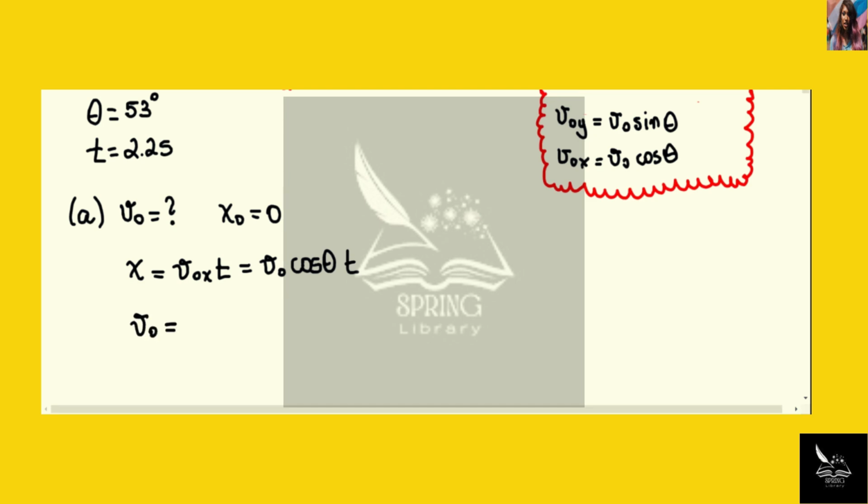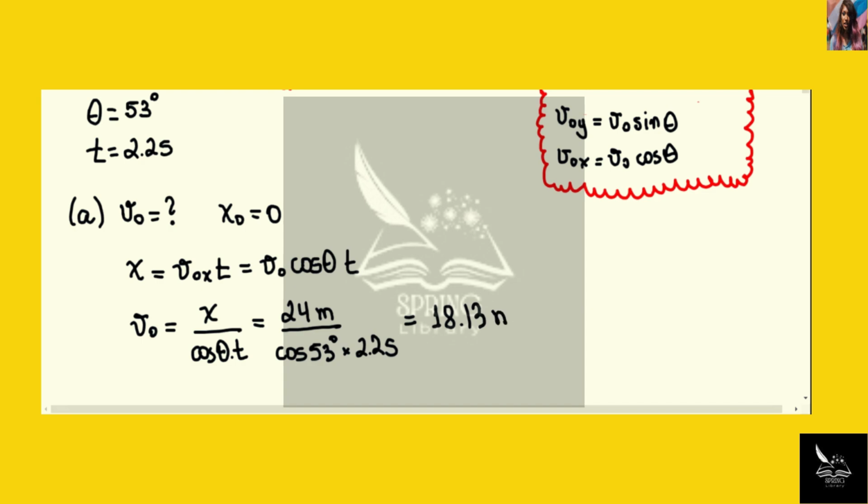So I can isolate v0. v0 is equal to x divided by cosine theta times t. So this is 24 meters divided by the cosine of 53 times 2.2 seconds. And this is equal to 18.13 meters per second. This is the initial speed.